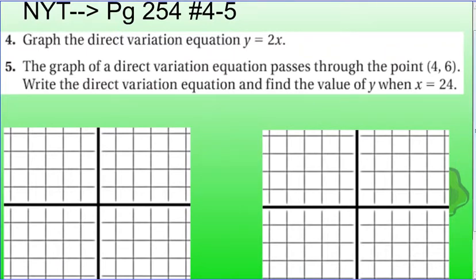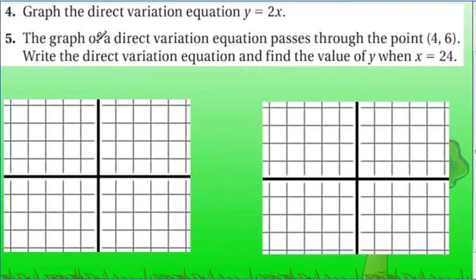Okay, let's see how we did. Number 4, we want to graph the equation y equals 2x. So the intercept is going to be 0. The slope is going to be 2, as a fraction 2 over 1.